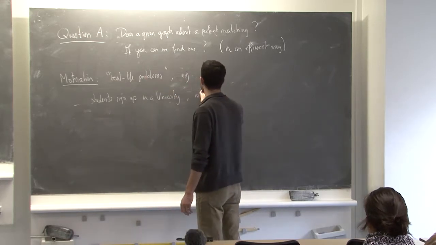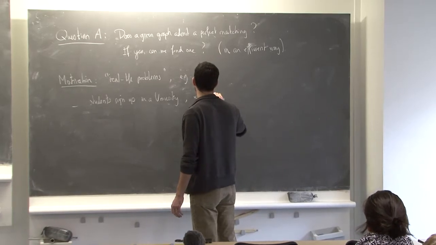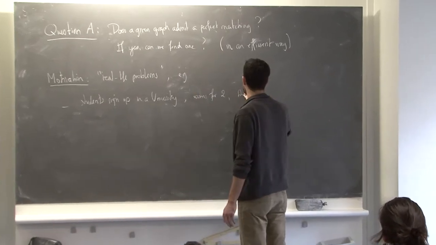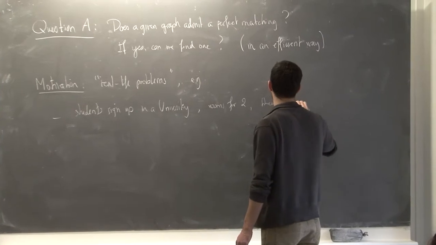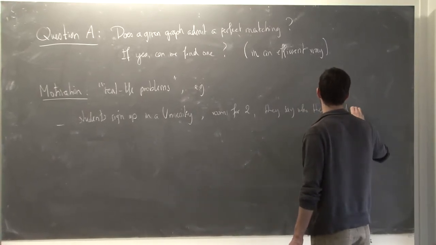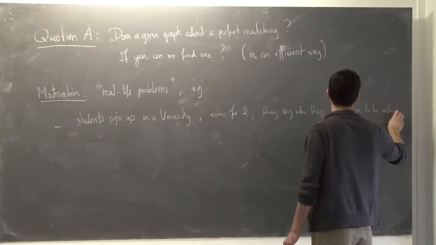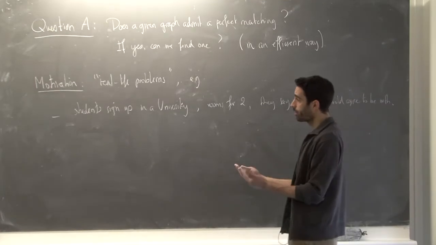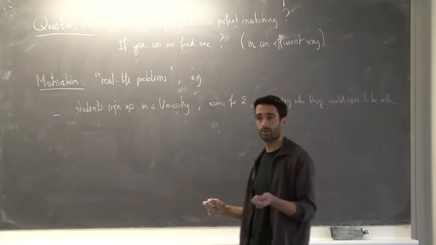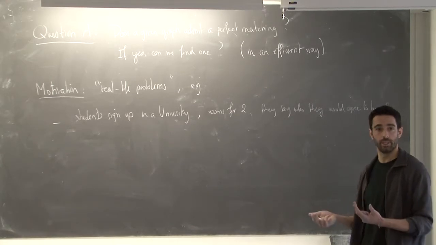There are bedrooms for 2. They say who they would agree to be with. And what do we get? So you get a graph. So the vertices are the students. You have an edge between 2 students if both agree to be together.